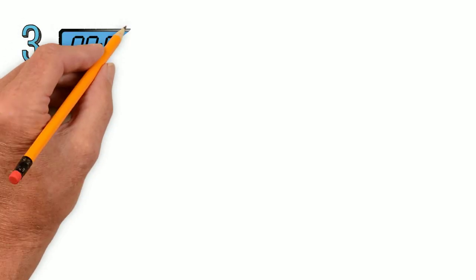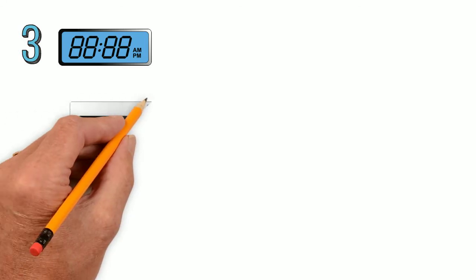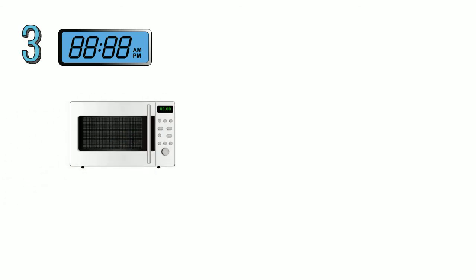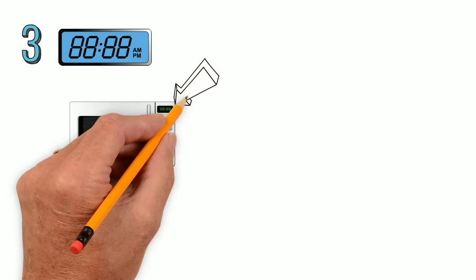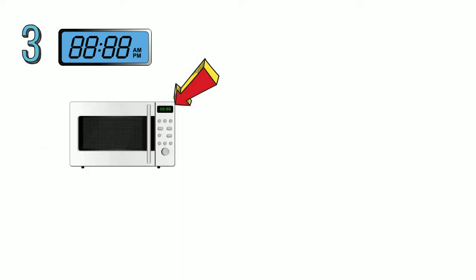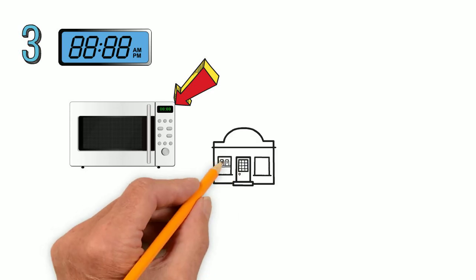Let's look into clue number 3. Devices with a digital display that is switched on around the clock. For example, a microwave oven. In most cases, a microwave has a digital display that is on independent of whether you prepare some food or not.